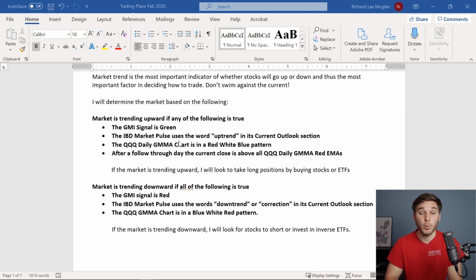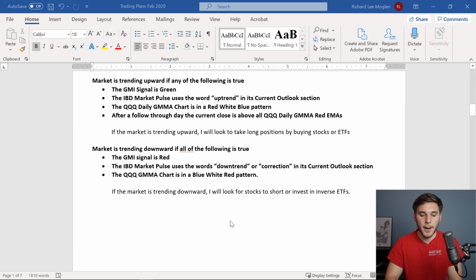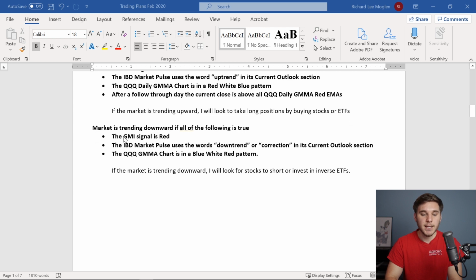So basically, I just need one of these things to be turned on to be able to go long in either stocks or ETFs. And the market I've determined is trending downward if all of the following are true. So right here, I need all three of these indicators to be turned off in order to either short or invest in inverse ETFs.